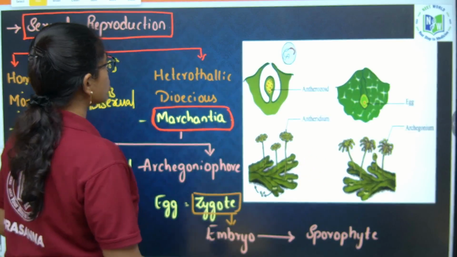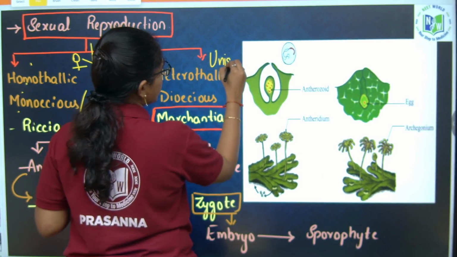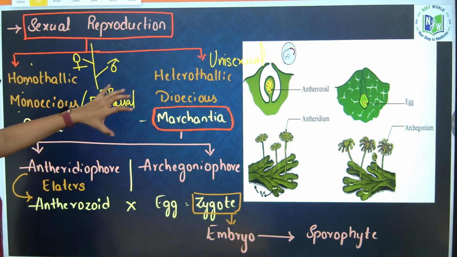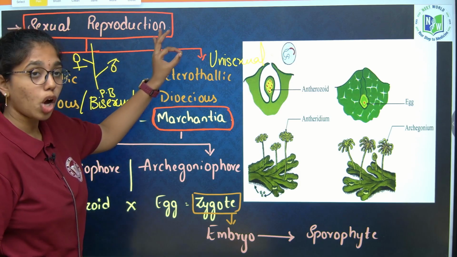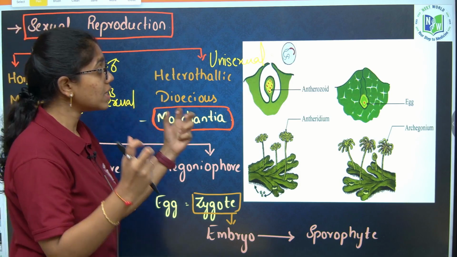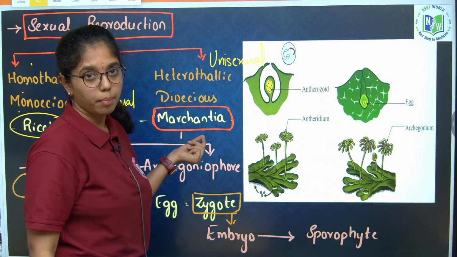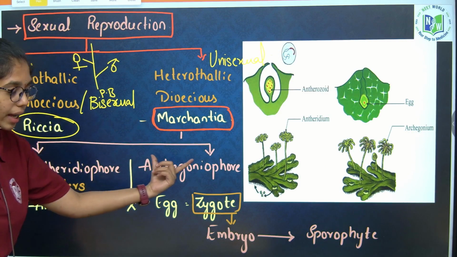Such a type is called dioecious, which is also known as unisexual. Clear ma? So homothallic, monoecious or bisexual, where a single plant bears both the sex organs. The example for it is Riccia. Heterothallic, dioecious or unisexual, where the sex organs are present on different plants. For example, Marchantia. Next, it has both antheridiophore and archegoniophore.